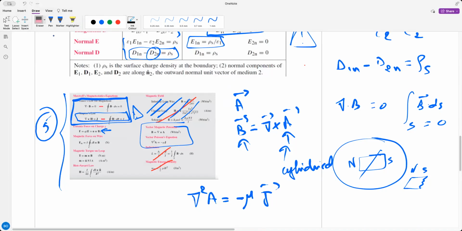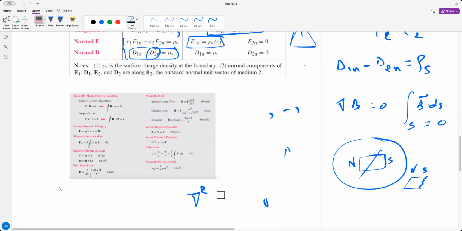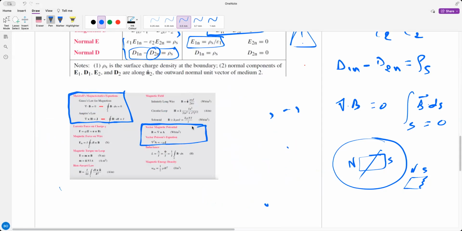What is in blue is the one that I will cover. I will delete everything, and I will tell you this is what you have to focus on. This one, okay, and this one, okay.